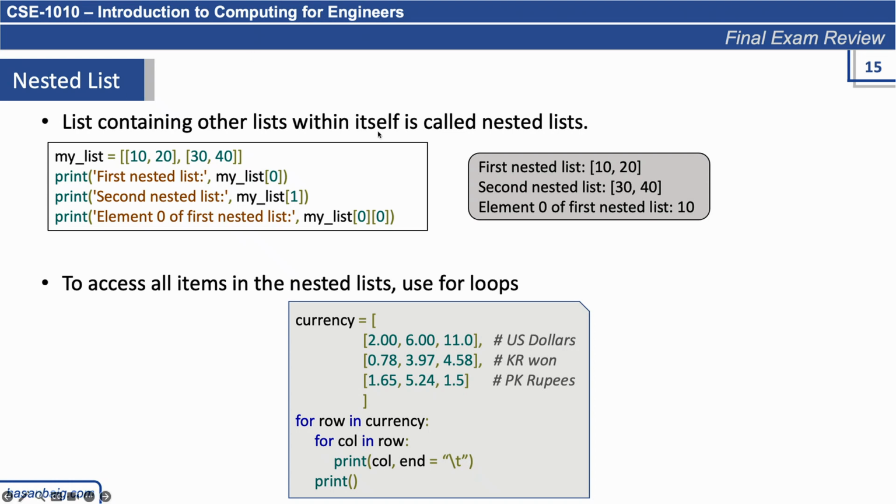A list containing other lists within itself is called a nested list. Here you can see my list contains 2 elements. The first element is also a list which also contains 2 elements. It could contain 10 elements, it could contain 20 elements also. But the size of my list is what? What is the size of my list?